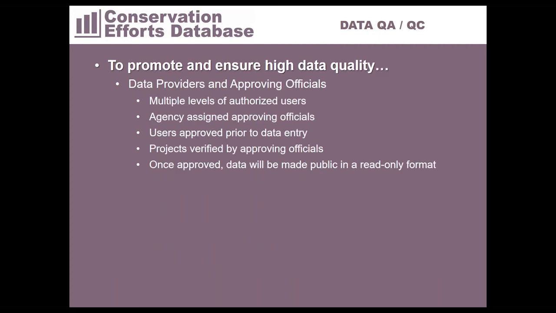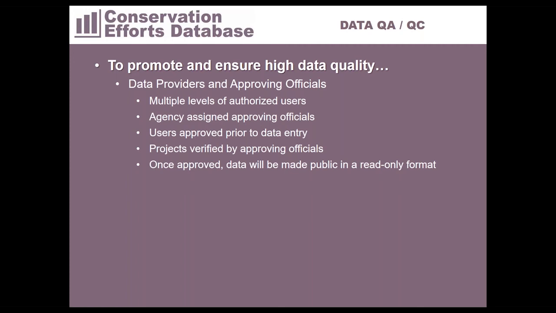Now again, I touched on some of the tenets, which were security and transparency, but because we want this information to be accurate, we do a couple things to promote and ensure that high quality of data. So we have multiple levels of authorized users. You can be authorized to simply submit information without approving it.